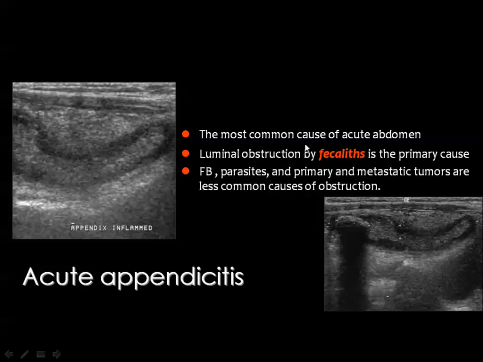This is considered the main cause for obstruction of the appendix resulting in acute appendicitis, and frequently it shows this characteristic posterior acoustic shadowing. As I have mentioned, there are other causes of obstruction of the appendix like parasites, primary and metastatic tumors.